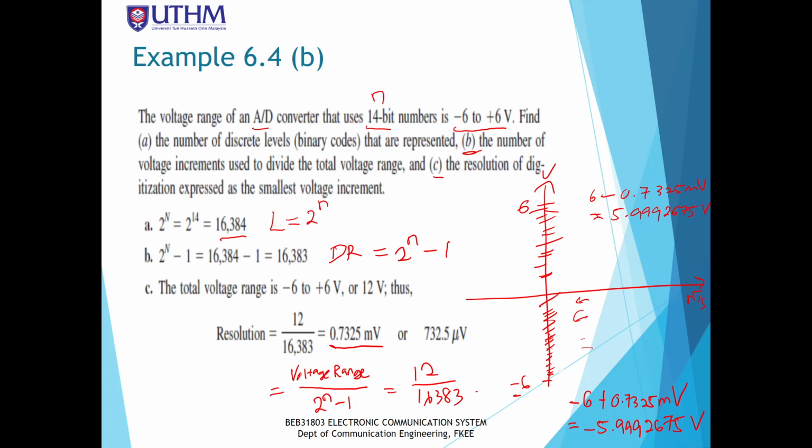For example, if it is the 10th level above the minimum, you multiply 10 by the resolution to get the distance, then add it to the minimum: -6 plus 10 multiplied by the resolution.